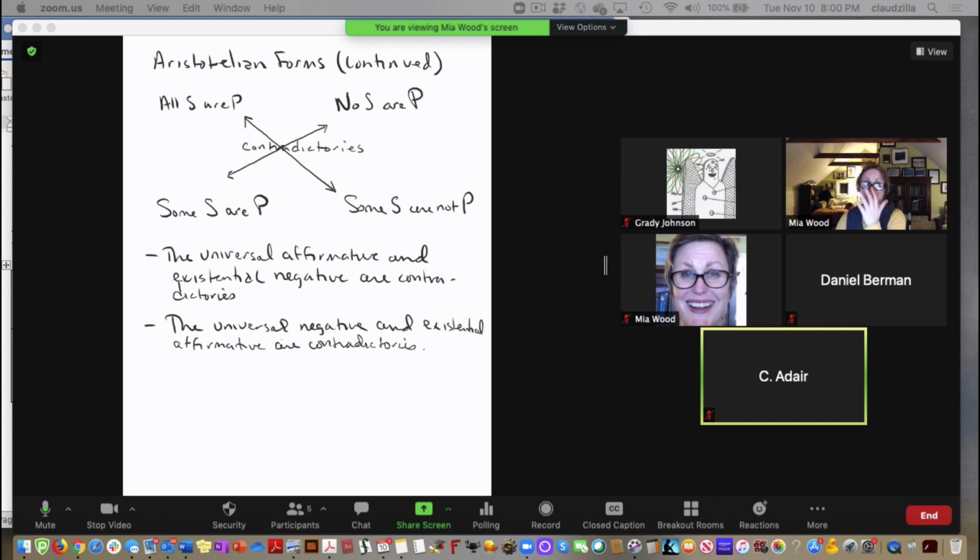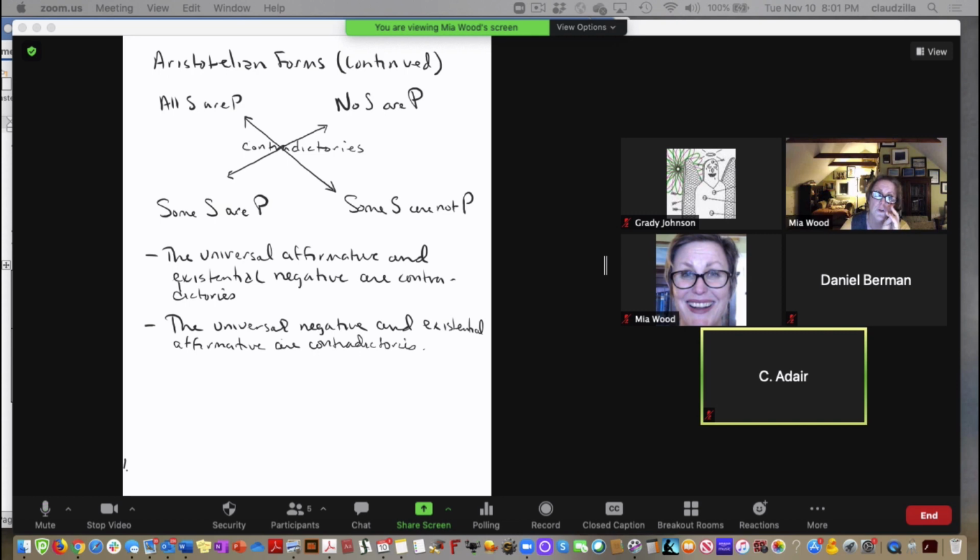What's a contradictory? Well, we already know that two statements are contradictories when they can't be true at the same time and they can't be false at the same time. Right? We know that a self-contradictory statement is one that's always false, so it's a necessarily false statement. So what we're saying is this, and I'm going to simplify the notation a little bit.